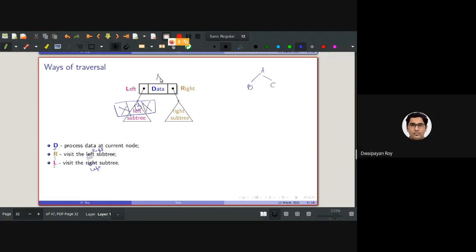Here the data is A, and in the right subtree it contains C, with left and right pointers null. Then how many ways can we visit this? Of course, we will start our visit of all the elements in the tree from the root.